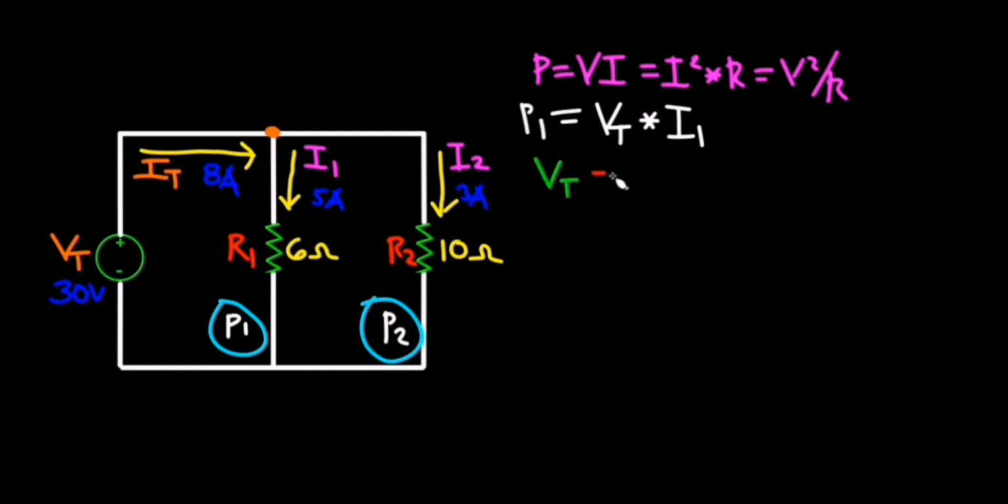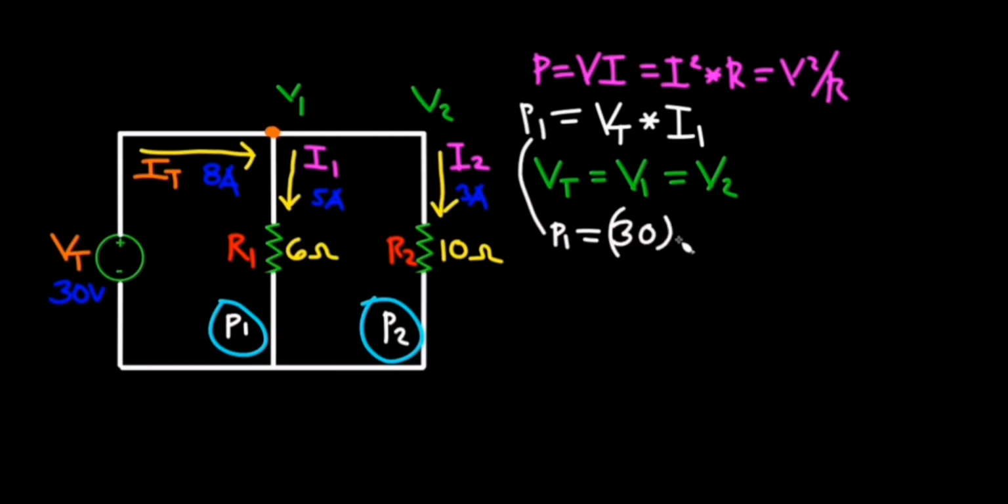In a parallel circuit, the voltage source is equal to the voltage across each of the resistors. So Vt is equal to V1 and V2. P1 is equal to 30 times 5. It will result in 150 watts.